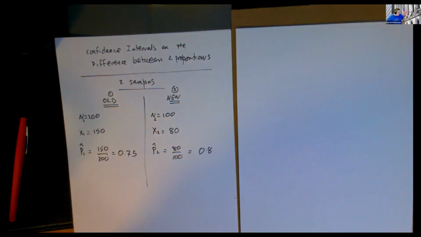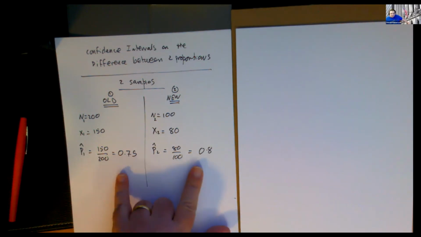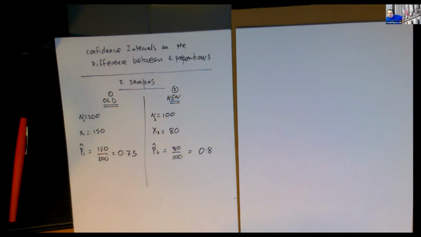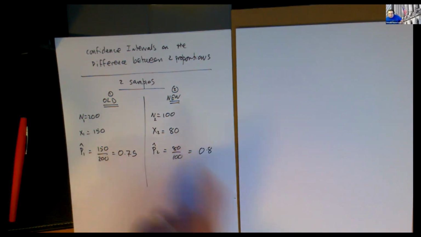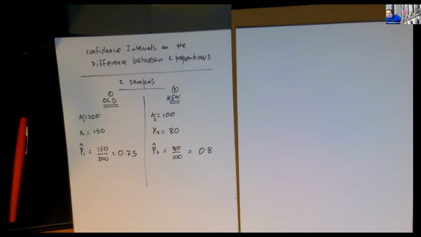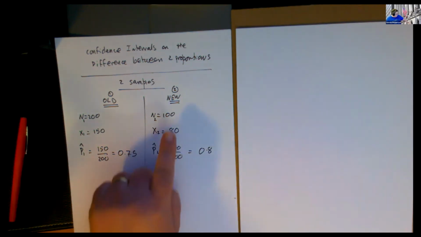But you can't really just make your decision based on this. You can't suddenly say to all the doctors in America, stop using the old drug, start using the new one. And we'll forget about all the other things like side effects; we'll assume that they're equal. Because couldn't that just be a little bit of luck?